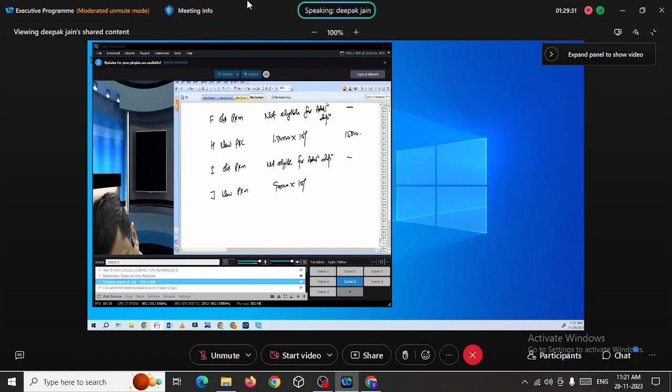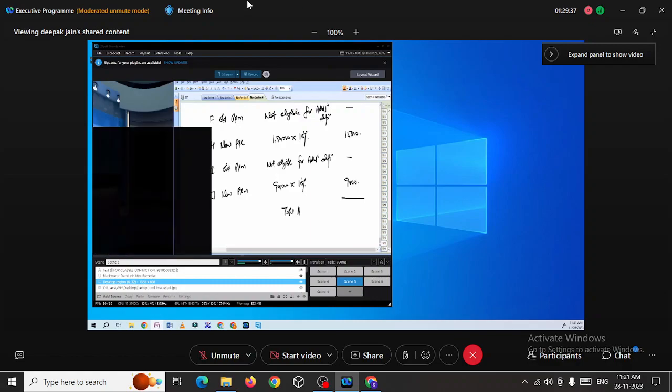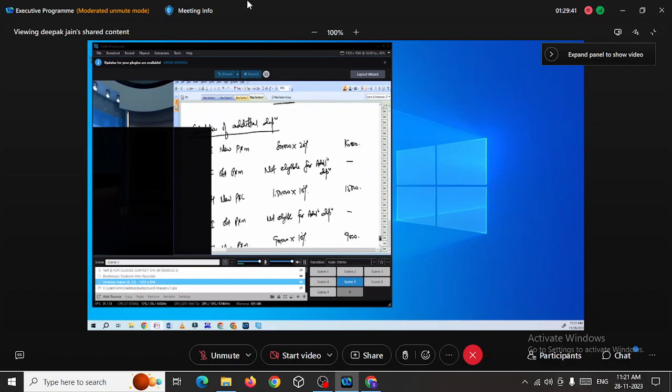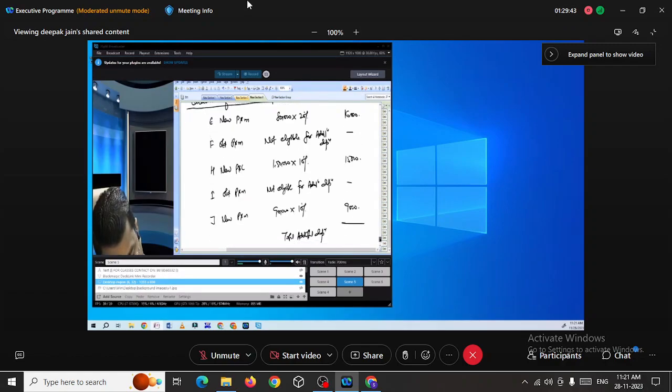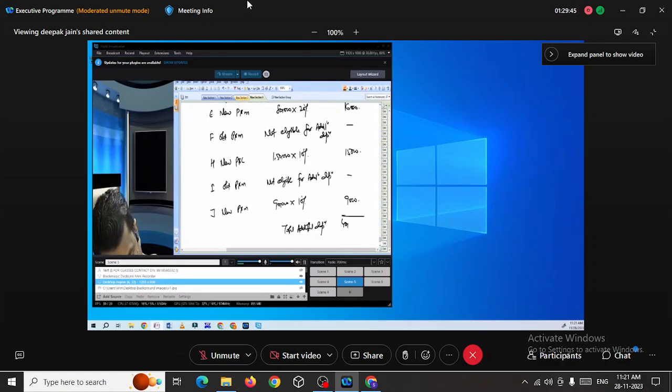So therefore half. So total additional depreciation amounts to rupee 40,000. Yes. Take your time.